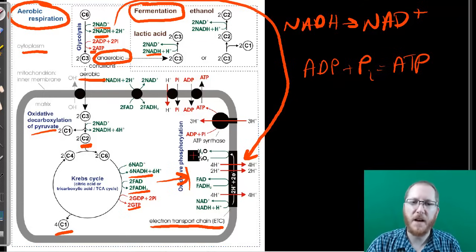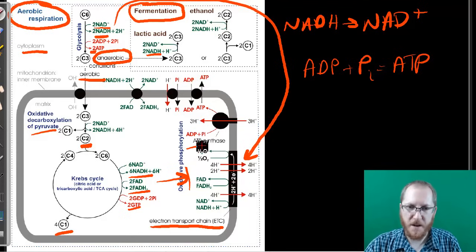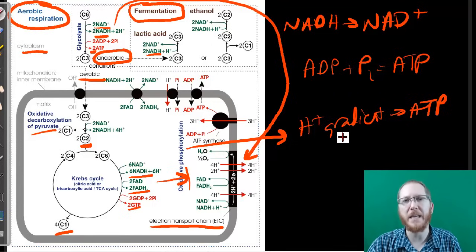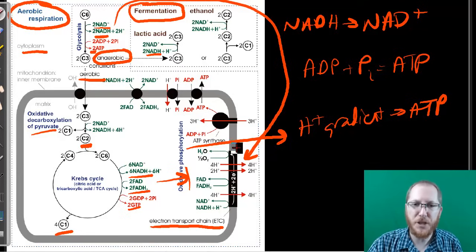And so oxidative phosphorylation is going to use an H plus gradient to make ATP. So when you see oxidative phosphorylation, kind of draw an arrow, it's going to use an H plus gradient, and this is critical, to make ATP. That's how most of the ATP is going to be made when we're doing aerobic cellular respiration, is we're going to take the energy from these electrons.